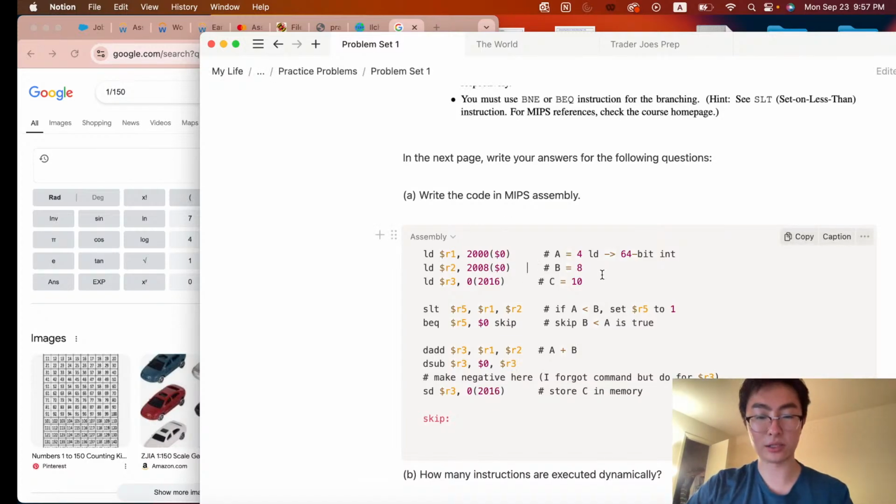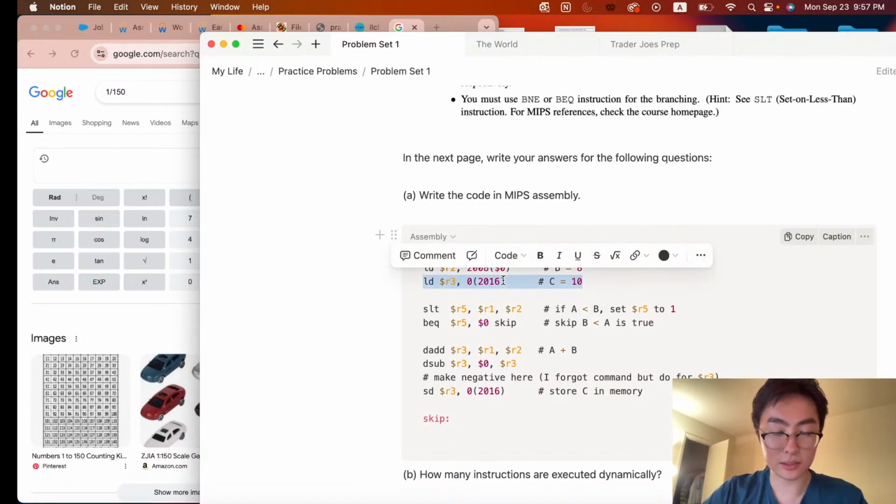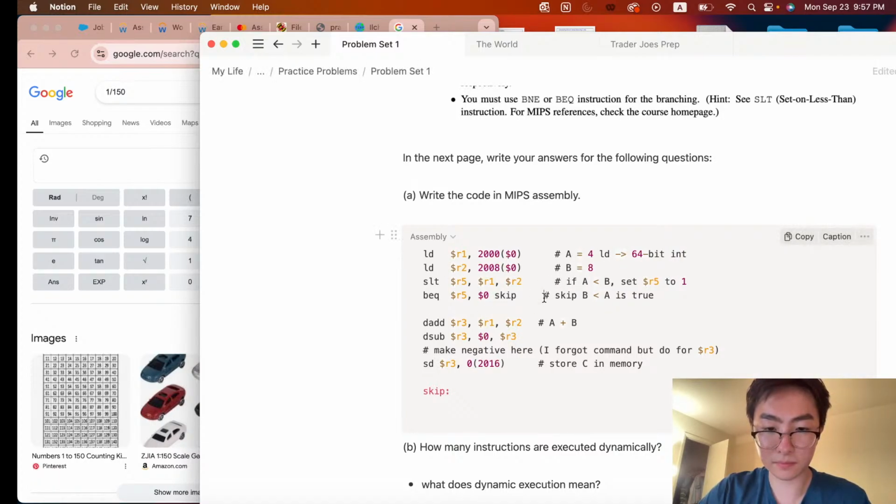So we needed the base offset style, okay. So this is definitely not right. Okay, so if A is less than B, then we'll set R5 to 1.